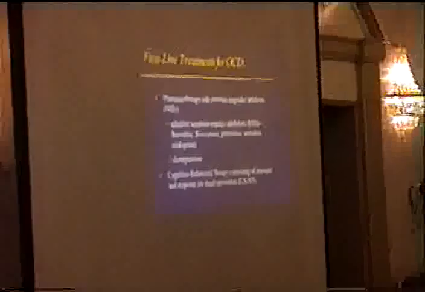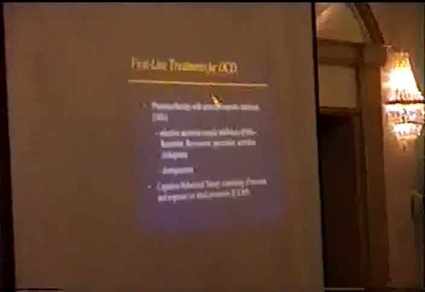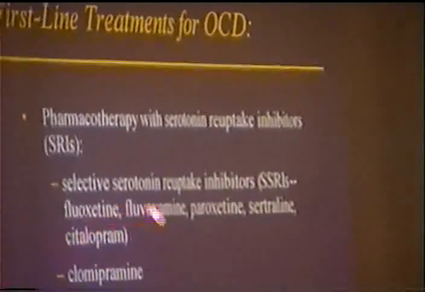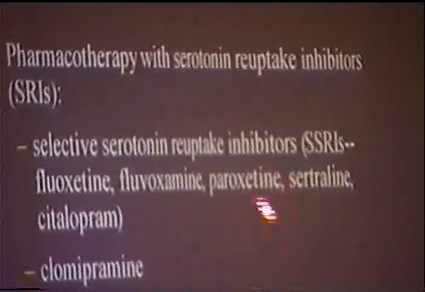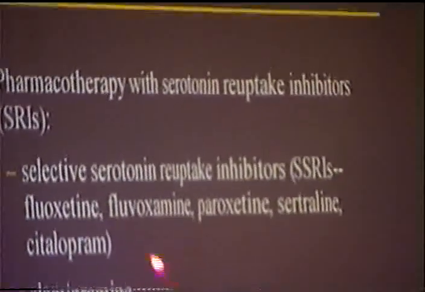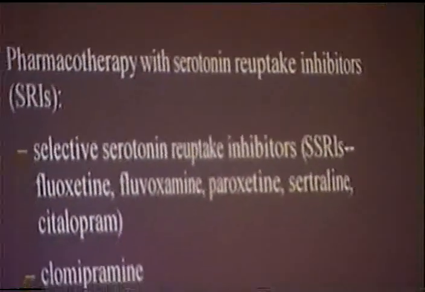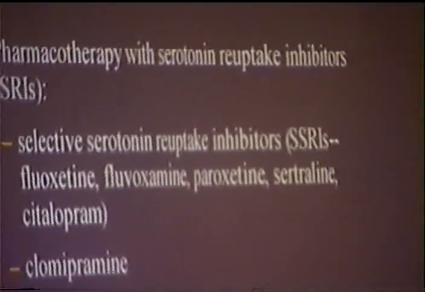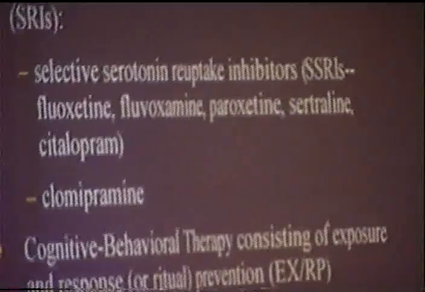So, first-line treatments for OCD. There are two. One is pharmacotherapy, and now I'm going to call serotonin reuptake inhibitors SRIs to include the selective serotonin reuptake inhibitors that you know, fluoxetine, which is Prozac, fluvoxamine, which is Luvox. All medications have a generic name, and a company who makes it gives it their own name, and that's why these medications have two names.